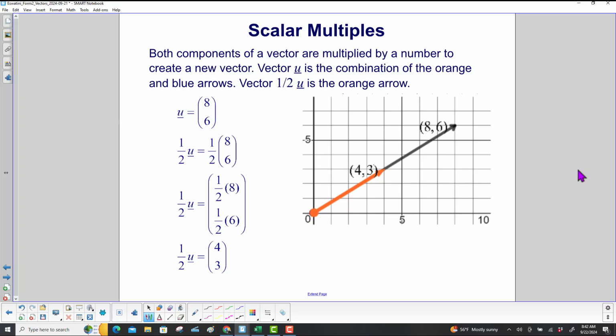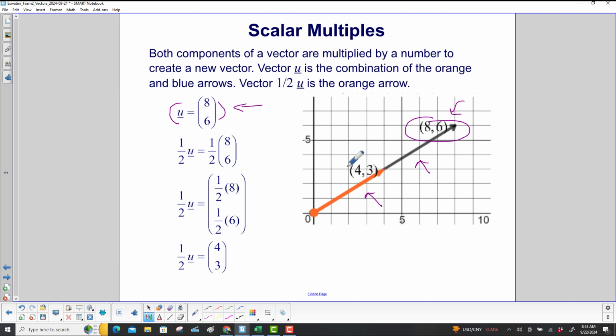Both components of a vector are multiplied by a number to create a new vector. Vector u, over here, 8 over 6, and here's the vector drawn out, is a combination of the orange and blue arrows. So here's your orange, here's blue, and here's 8, 6, which is this vector here.